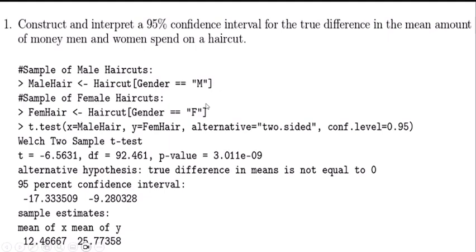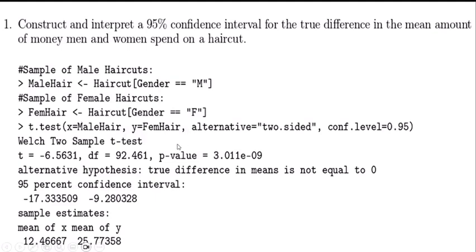The code in R is t.test. You put your male data here, your female data here, and of course the alternative. Whenever they ask about a 95% confidence interval, it's always going to be two.sided, and the confidence level is going to be 0.95 for 95%.